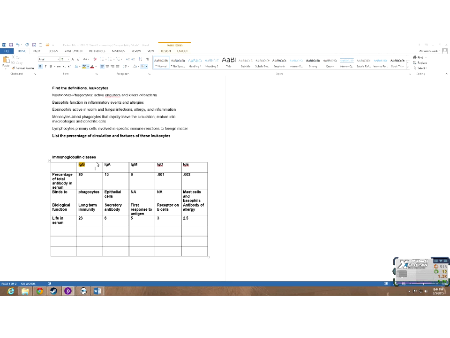Because your IgG is your memory, your IgM is your first response. And again, this is why when you get exposed to the same pathogen or antigen once, you're going to typically not be affected by it twice.